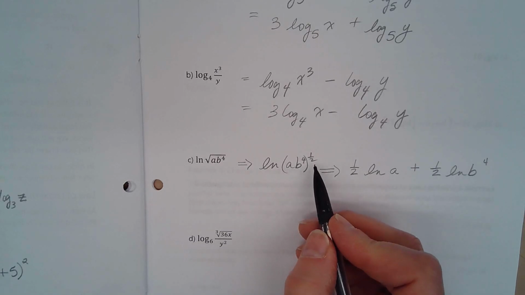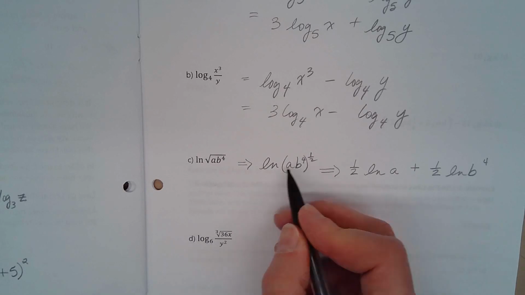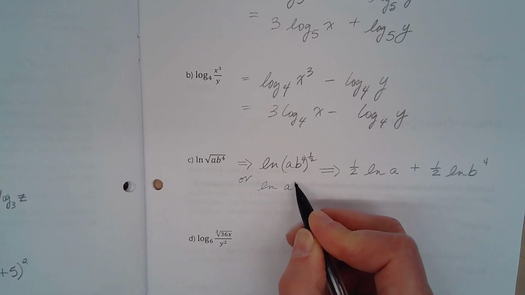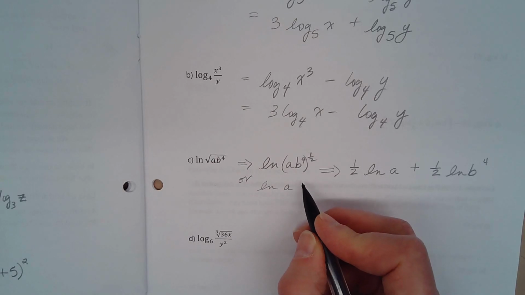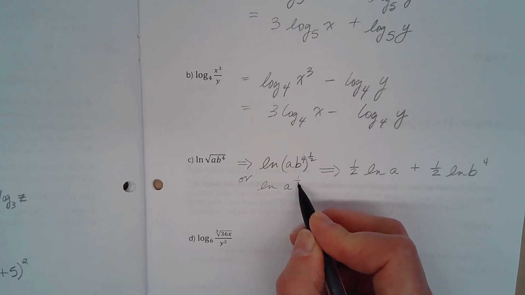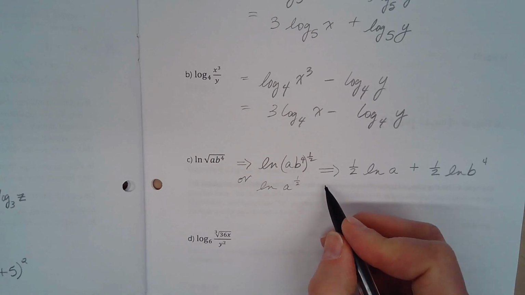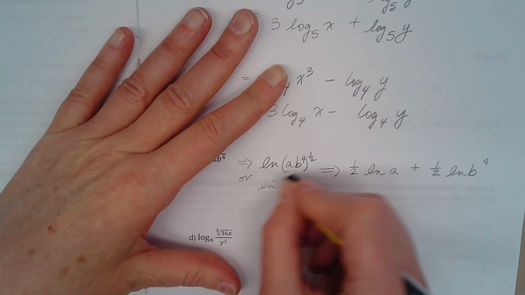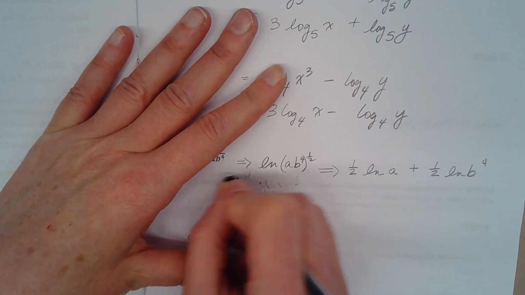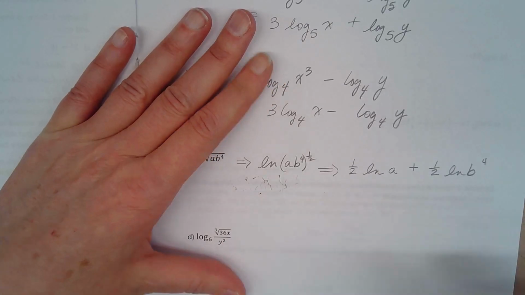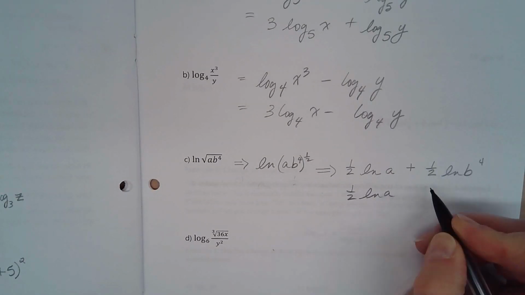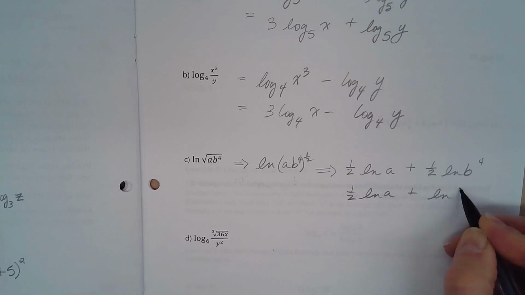Now, I guess I could simplify at this stage, right? I could write it like this, ln A to the half. No. Actually, I don't think I would do that here. Let's just simplify over here. So we could say 1/2 ln A plus ln B squared.